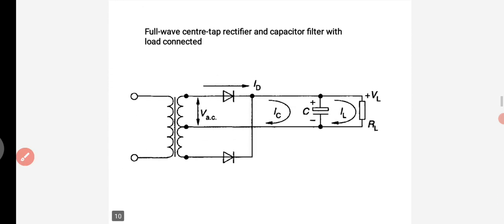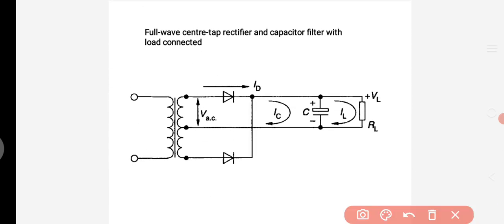Suppose the input for the rectifier circuit is AC. We are giving the AC input to the transformer. During the positive half cycle, diode D1 is forward biased and diode D2 is reverse biased.